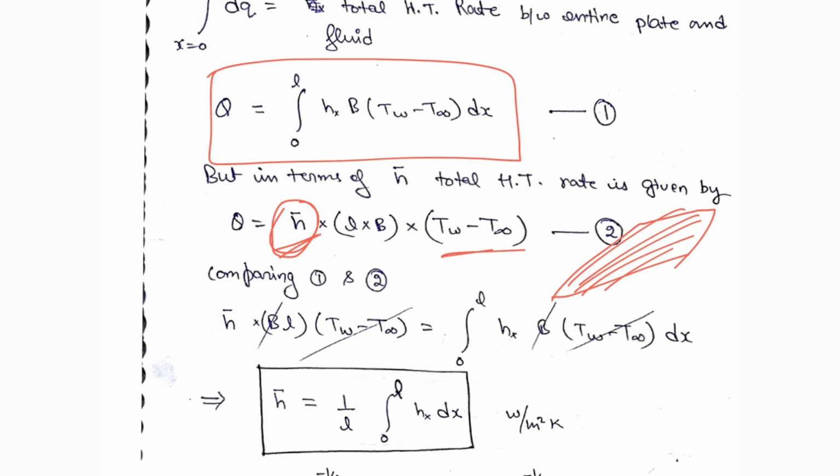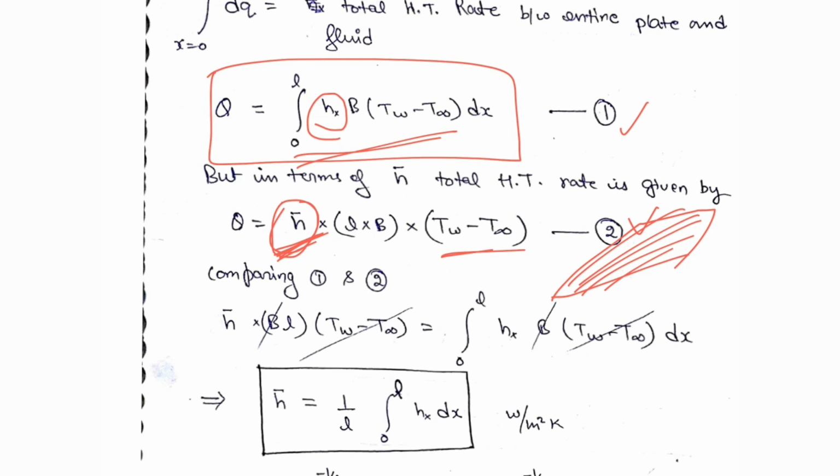Okay, therefore if you equate 1 and 2, since both are indicating the amount of heat transfer from the flat plate to the surrounding, here we have used local convective heat transfer coefficient, that is why we are integrating. Here we have used average value, therefore we need not consider integration.